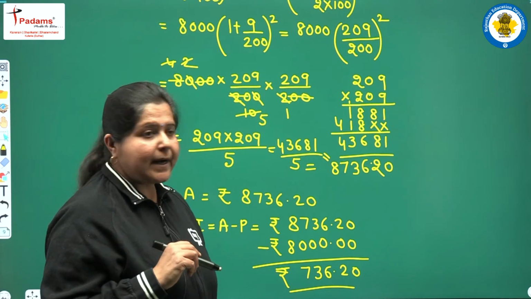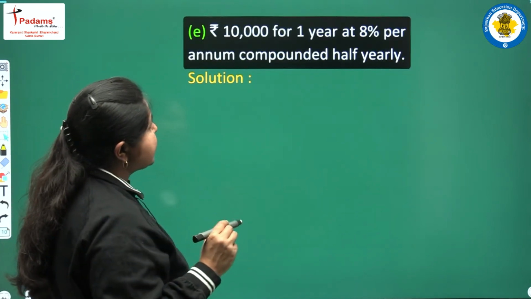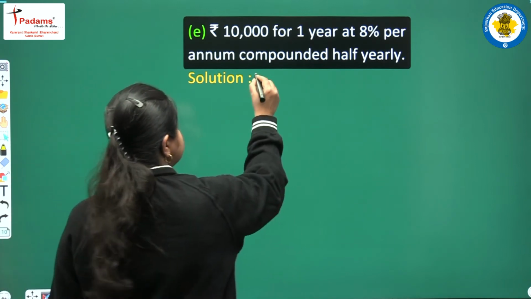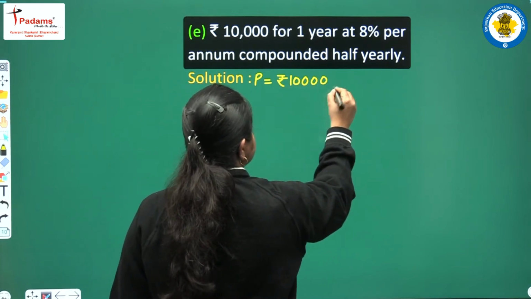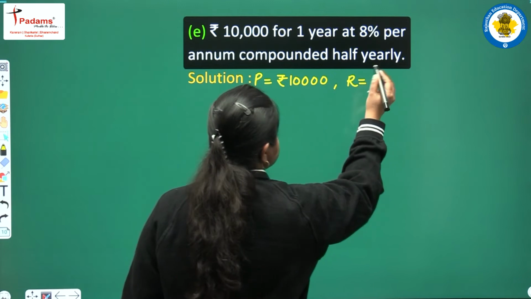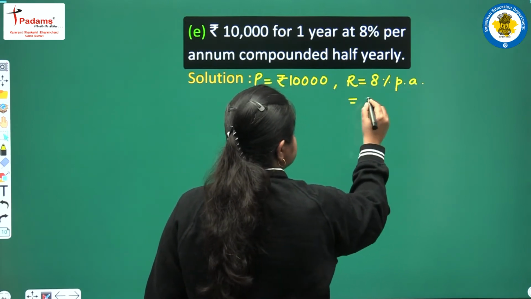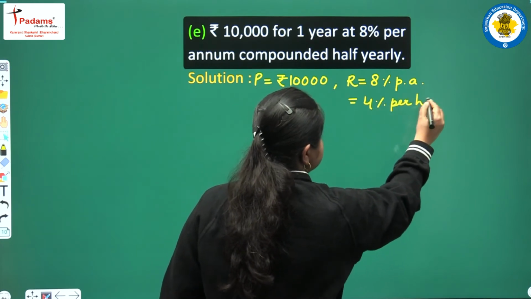Next we have one more part, and this is E. Rupees 10,000 for 1 year at 8% per annum compounded half yearly. Again, first we write the principal, it is rupees 10,000. Then we find the rate, it is 8% per annum, and this will be half now, 4% per half year.